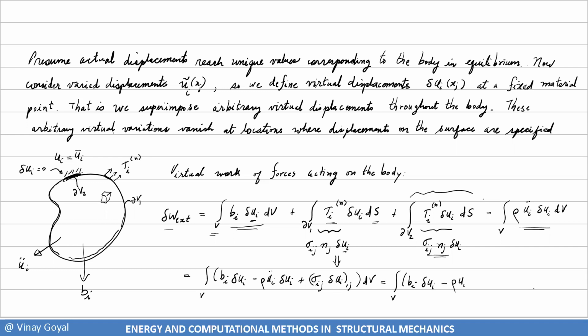Minus rho ui double dot del ui, and I'll continue, plus sigma ij comma j del ui, plus sigma ij del ui comma j, notice that, dv. And so I can factor out del ui here, and I'll do that in the next page.